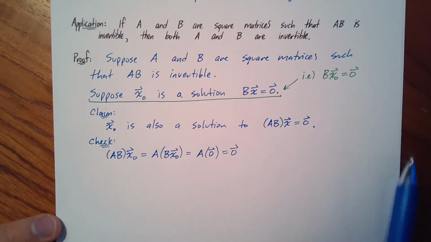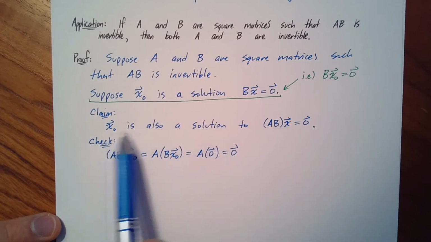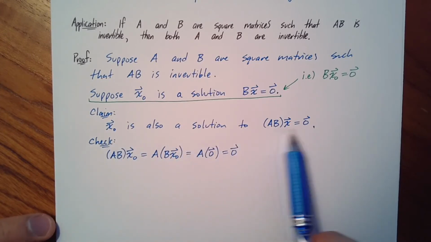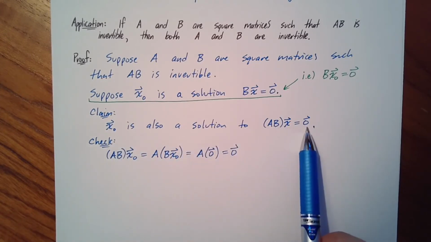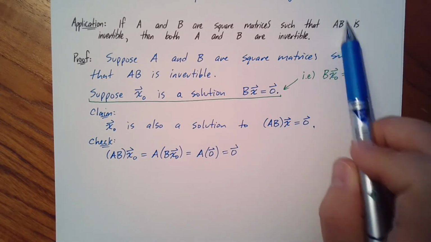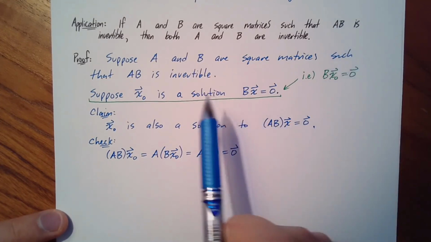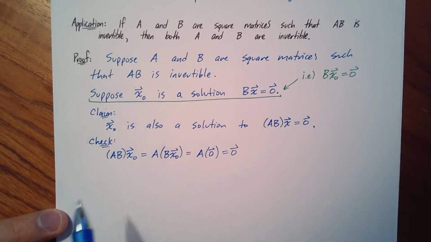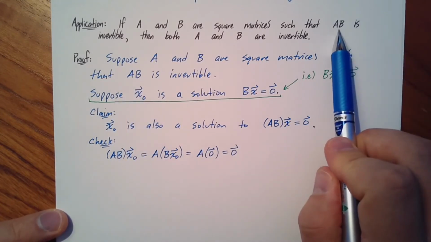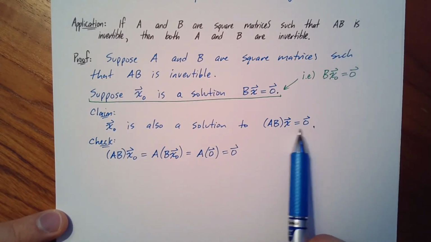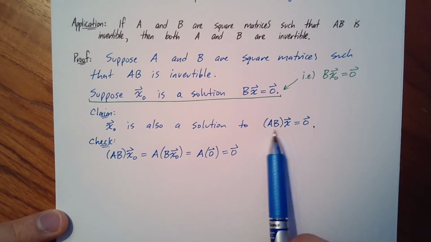So now that verifies this claim. x naught is also a solution to this matrix equation. But this is the associated homogeneous system to the product matrix AB, which we assumed was invertible. And if the matrix AB is invertible, that means that this matrix equation has only the trivial solution.